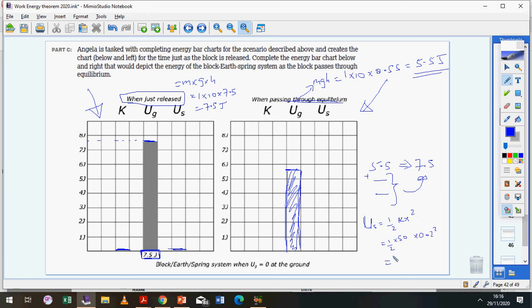Simplify, this is 25 times 4 over 100. If I square 0.2, it's 0.04, which is 4 over 100. And when I simplify this, 25 by 25 is 1, 4 by 4 is 1, so my final answer is 1. So that tells me that the elastic potential energy is 1 joule.